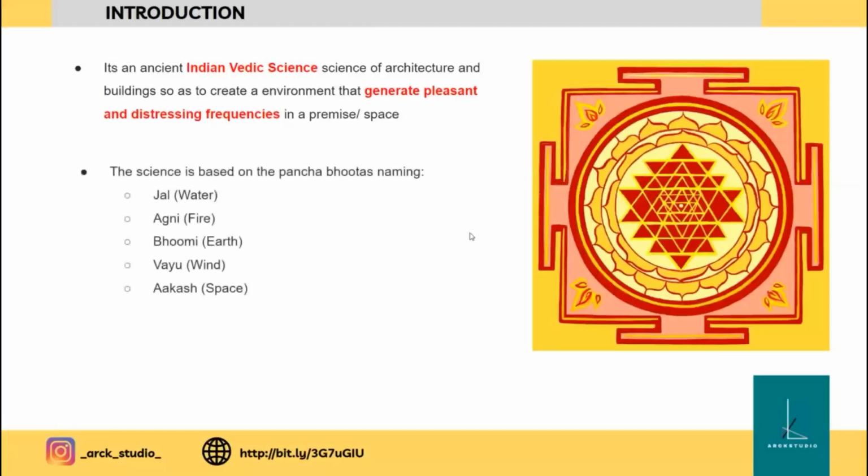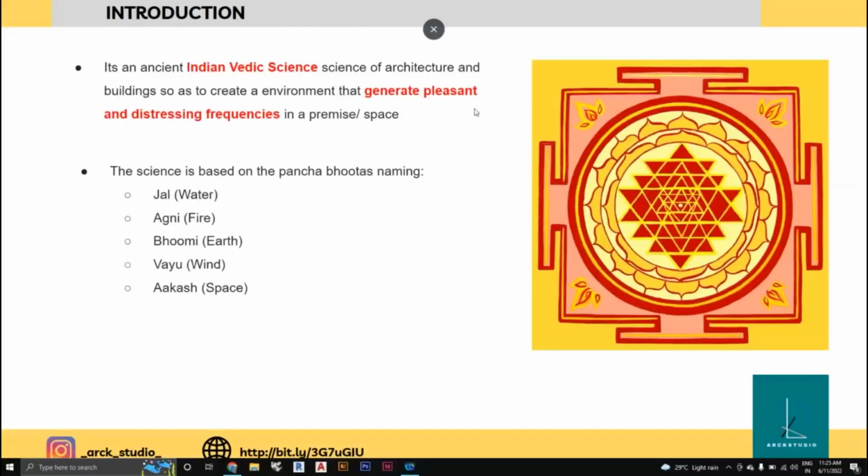And Vastu Shastra is majorly based on the Panchabhutas, or the five elements of nature, namely Jal, Agni, Bhumi, Vayu, and Akash. That is the water, fire, earth, wind, and space, and how these influence the surroundings or the spaces.